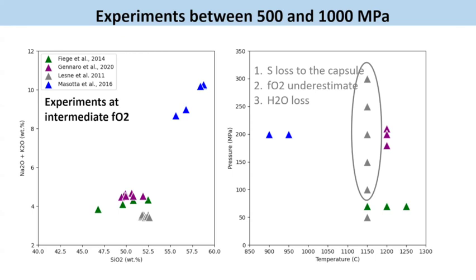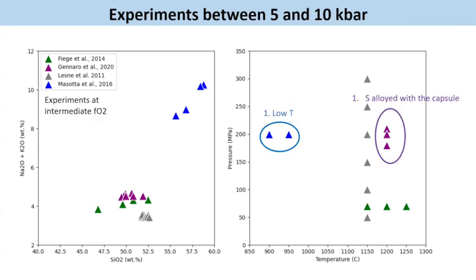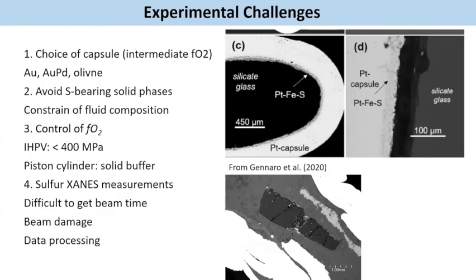And some of them, the fO2 was either underestimated or they suffered from hydrogen loss. Next slide, please. There's another set of experiments at intermediate fO2, which showed significant sulfur alloy with the capsule.